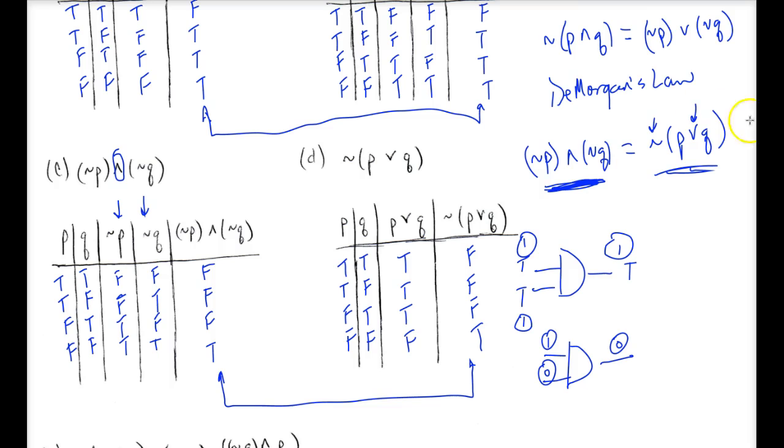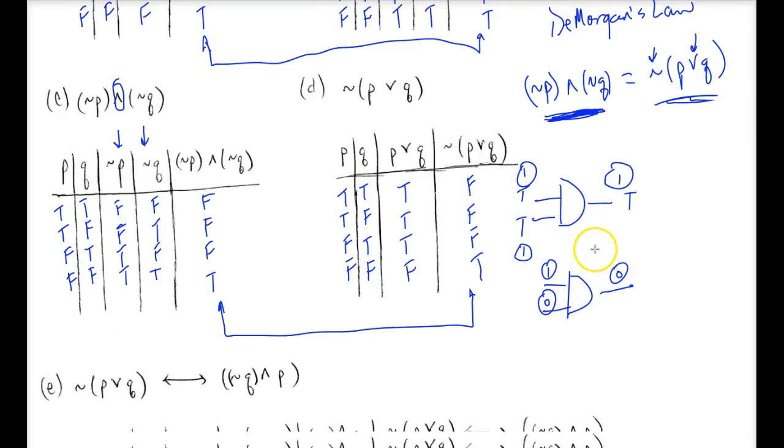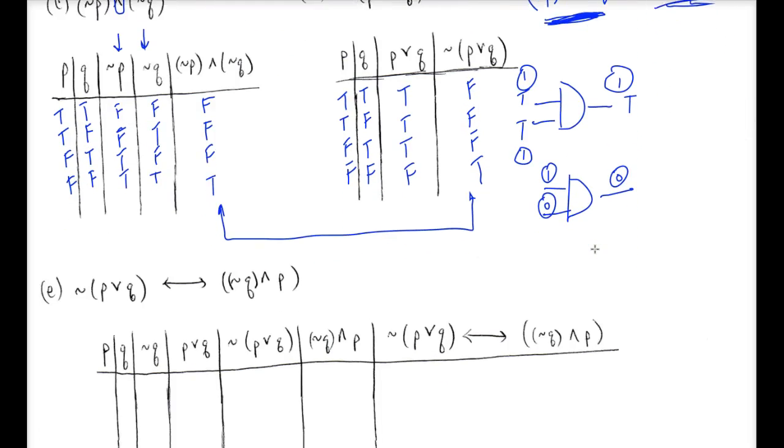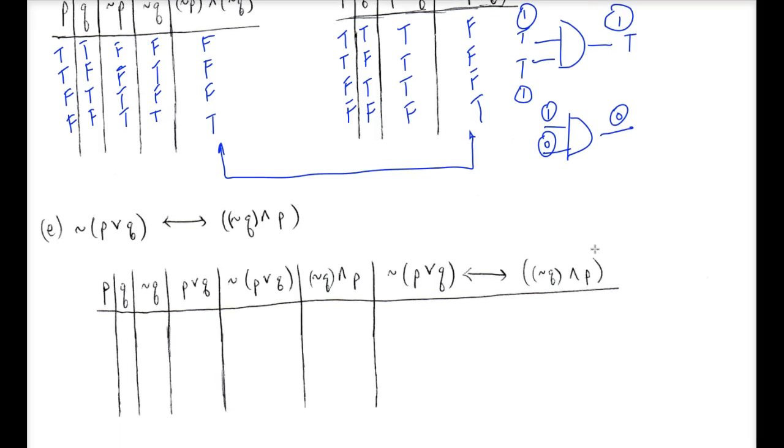Now we have one other truth table that I want to do on this particular page before we move on to the next set of truth tables. So let's go ahead and build this. We have true, false, and true, true, false, false.